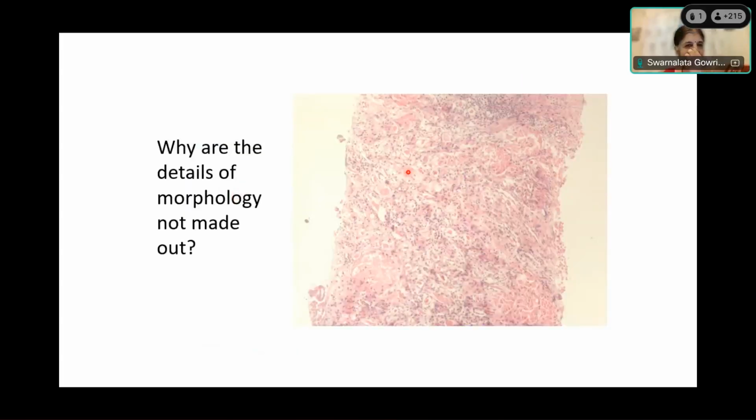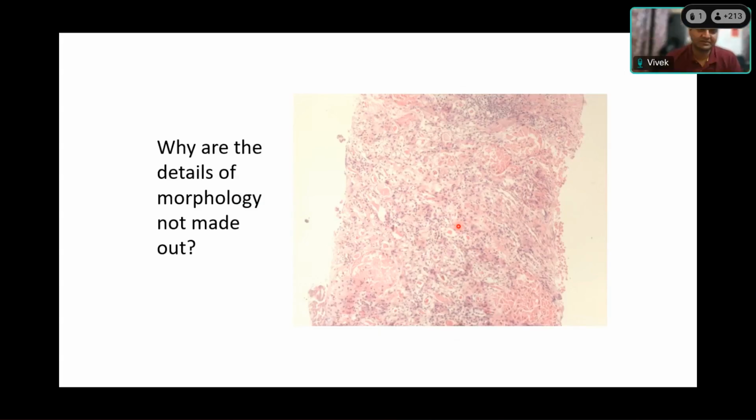Okay, here is the one. Why are the details of morphology not made out at all? It's all one. And this is with your best technician handling it, with your regular processing, staining, and yet you got something like this. What do you think happened to this tissue? Is it prior to fixation, processing, or staining?